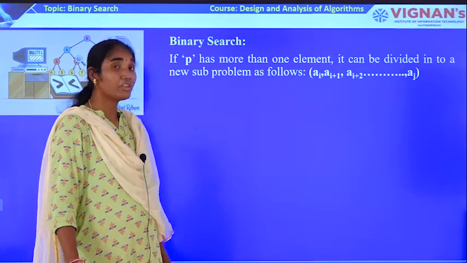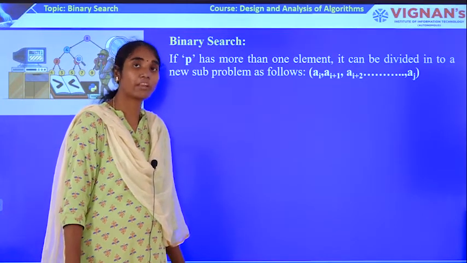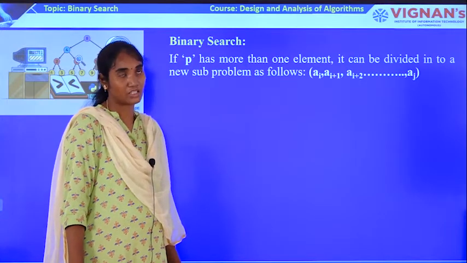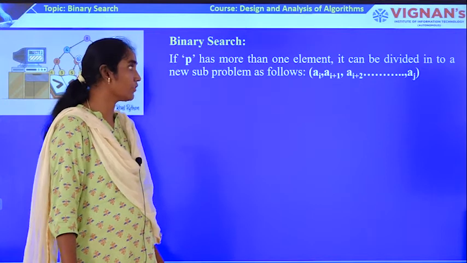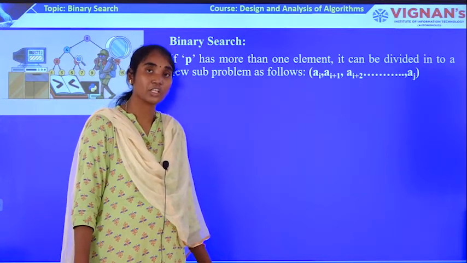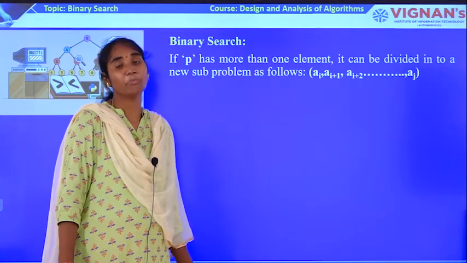Now, if that is not a smaller problem, which means the list is somewhat big, at that time we are supposed to apply the DnC strategy. The main thing is we need to divide our list into two subproblems according to the mid position.